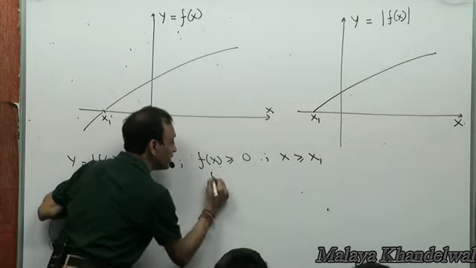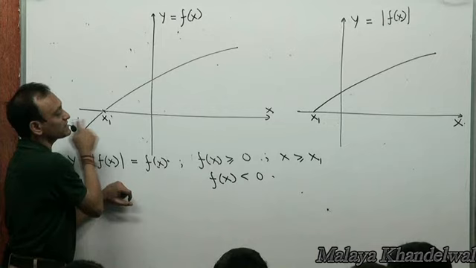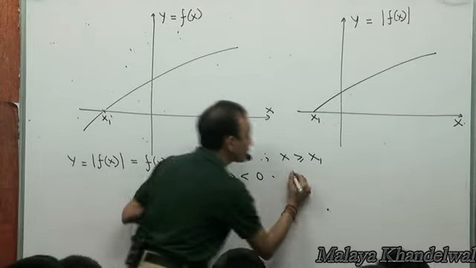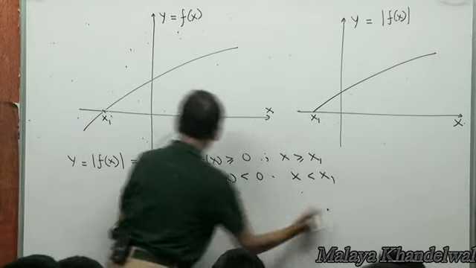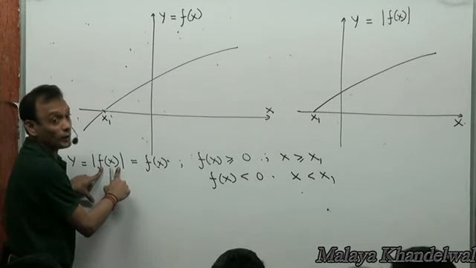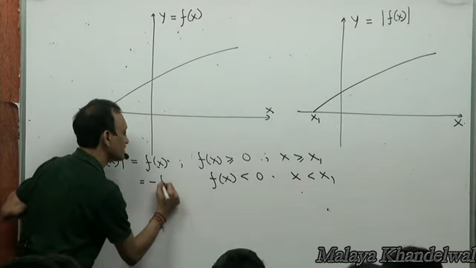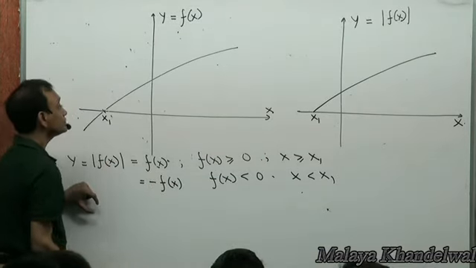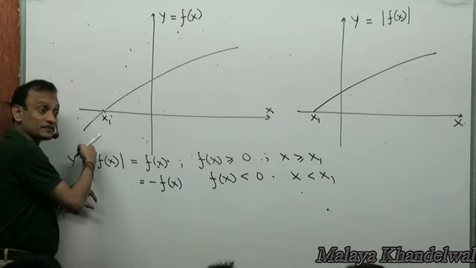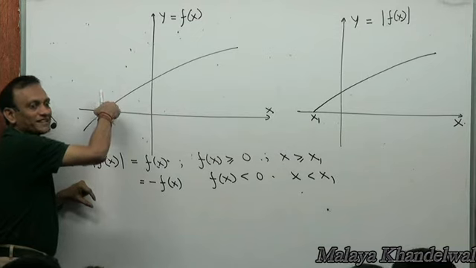But when does f(x) become less than 0? When x is less than x1. When x is less than x1, f(x) is negative, so mod of f(x) will not be f(x), it will be minus f(x). That means if this is the graph of f(x), the graph of minus f(x) will be the mirror image about the x-axis.